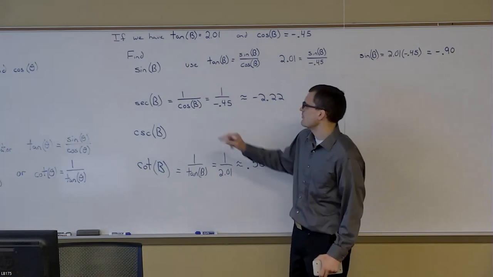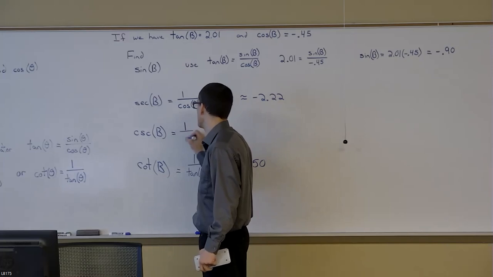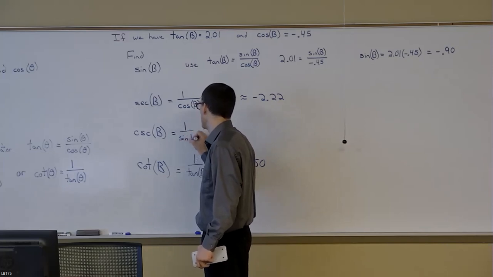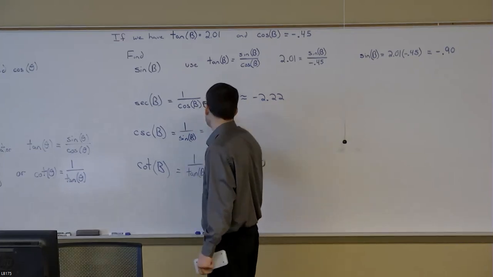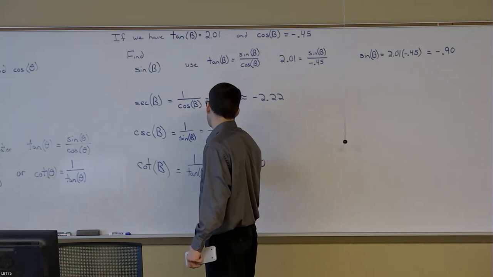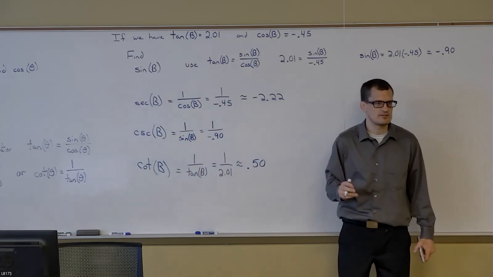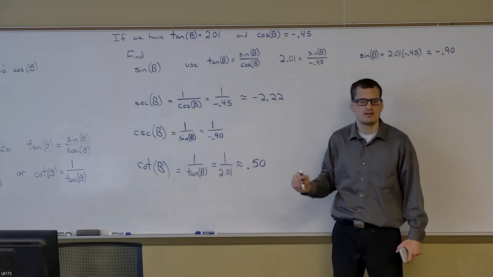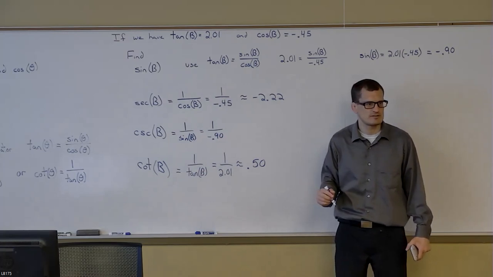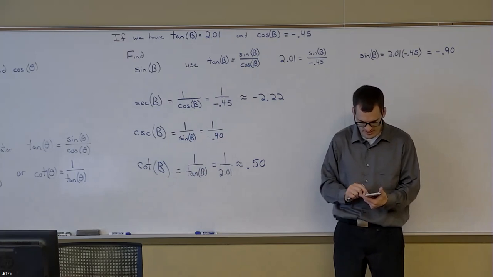And then for cosecant, now that I've found sine, I just take cosecant as 1 over sine of my angle. If you round to 2 decimal places, it's probably not going to hurt too much. If you want to go all the way out to 4 at this stage, that's fine. Negative 0.9045. If you go 1 divided by negative 0.9, you get negative 1.11.